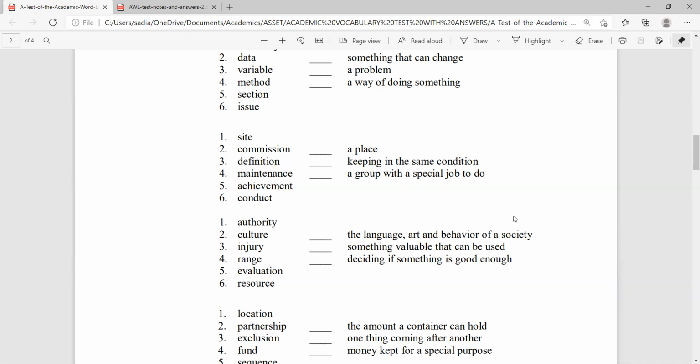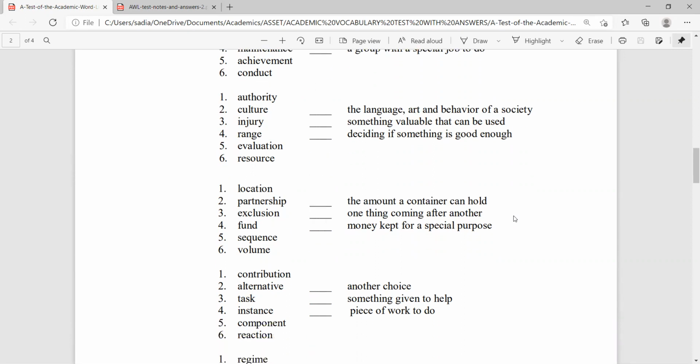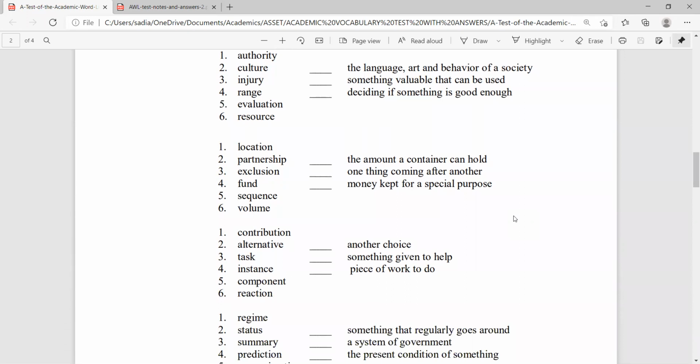Now proceed to the fourth set. Proceed to the fifth set. Sixth set.